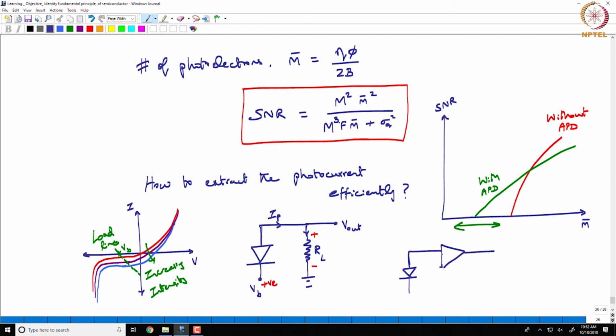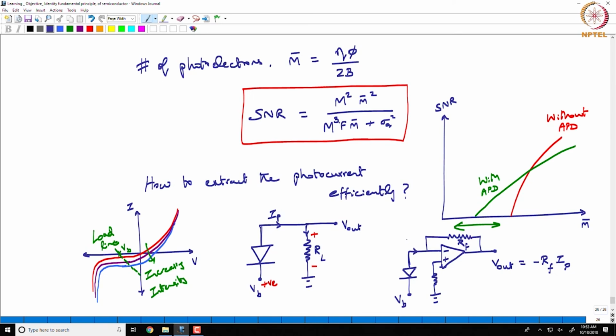based circuit. So, you typically connect the negative of the op-amp, and the positive terminal is at virtual ground, and then you have a feedback resistor RF over here. Okay. So, this one is called a transimpedance amplifier, because the output is given by RF multiplied by IP.